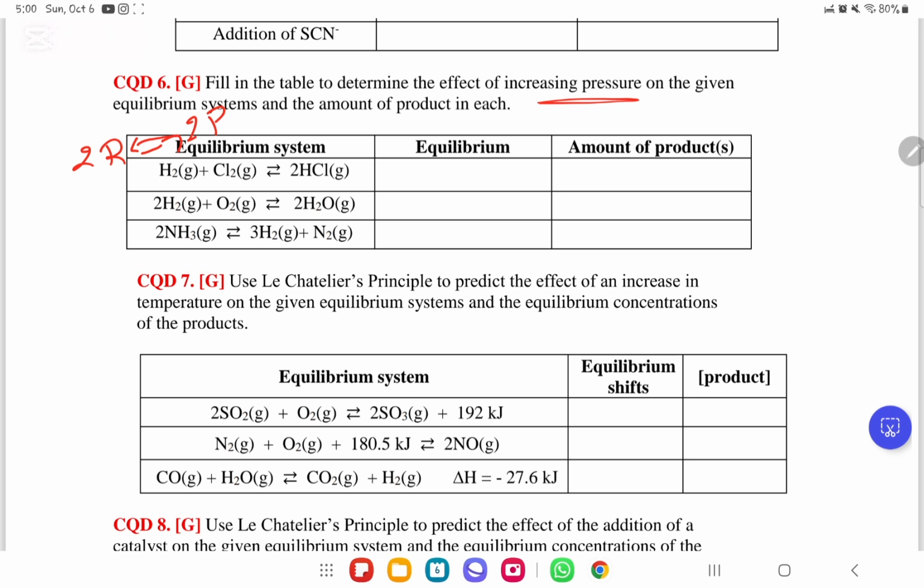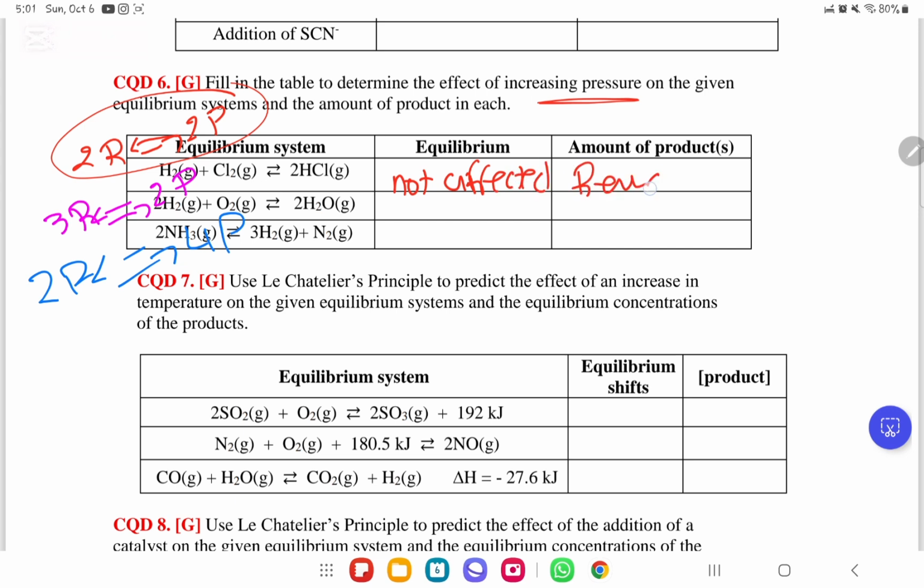Here we have 3 in the reactants, gives us 2 in the products. And then here we have 2 in the reactants, gives us 4 in the products. So if we have an increase in pressure in the first one, because they are the same number of gases, the equilibrium is not affected, so the amount of product remains constant.